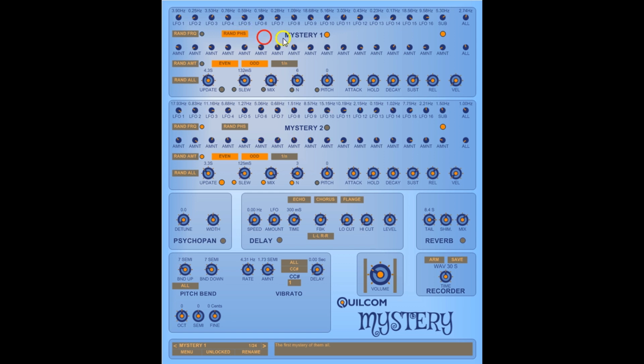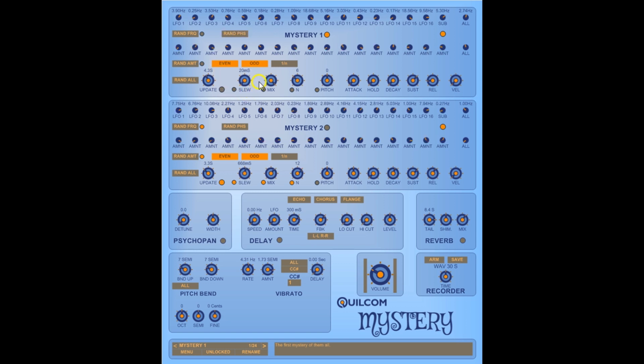Randomized phase, most often some LFOs will start somewhere at a higher amplitude than 0, so you get a variation between the same note played over and over again. And a sharper attack normally.